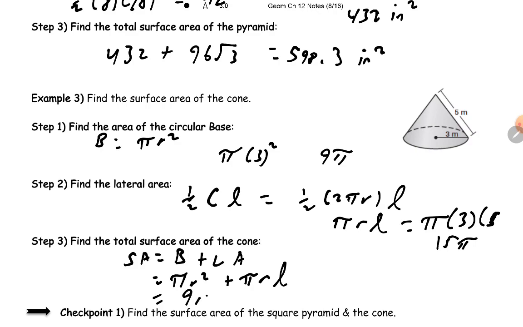So I have 9 pi plus 15 pi is equal to 24 pi. And I'll let you put it in your calculators to find out what 24 pi square meters is.